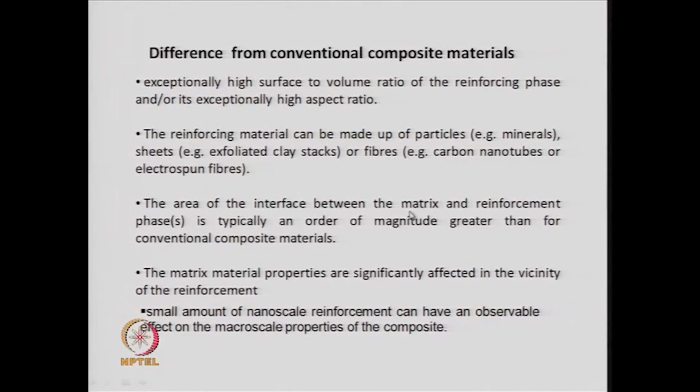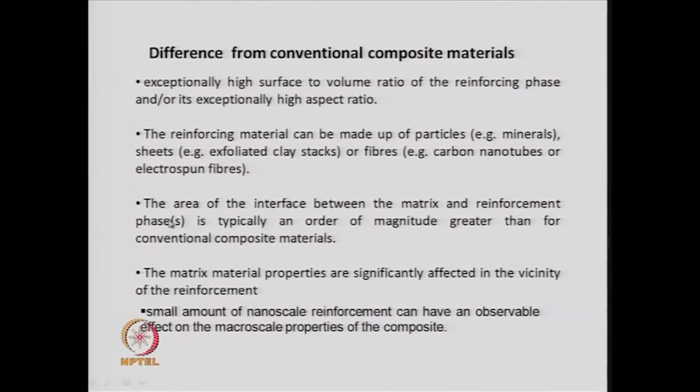The matrix is the larger component. Normally, the matrix may be ceramic or a polymer, and the reinforcement phase is normally the nanoparticle or a nano plate or a nanowire.